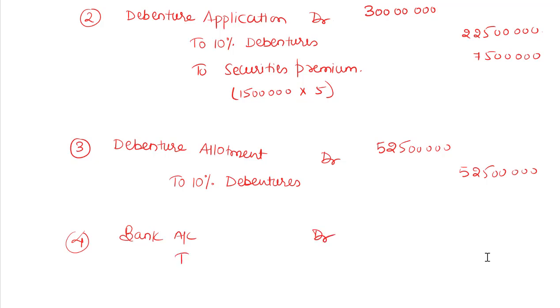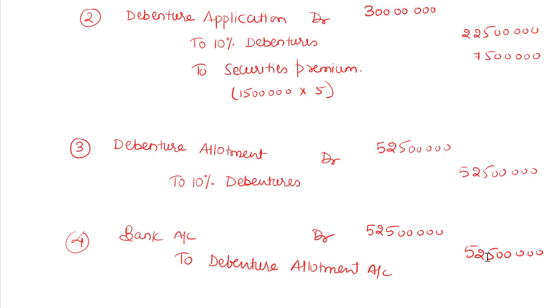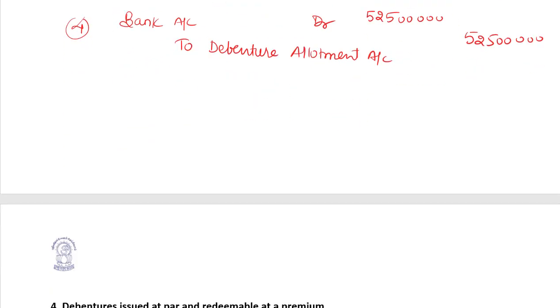Bank account debit to debenture allotment account. I believe you understood till here. Let us continue.